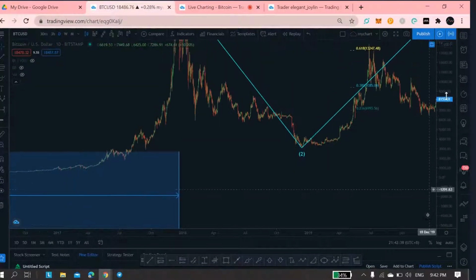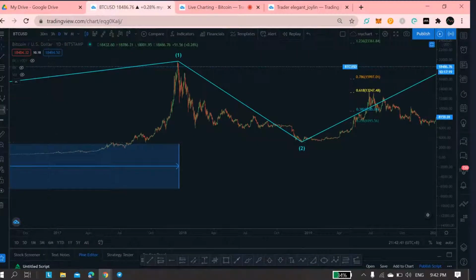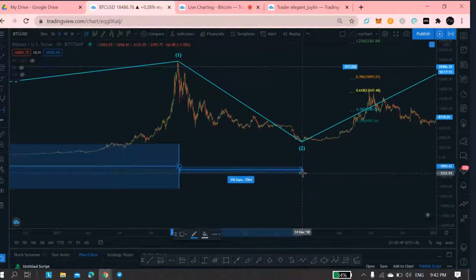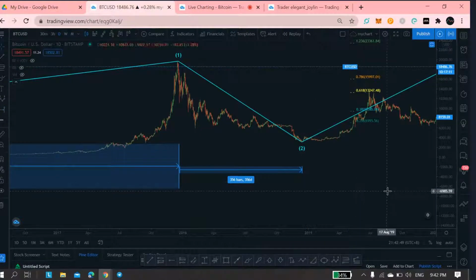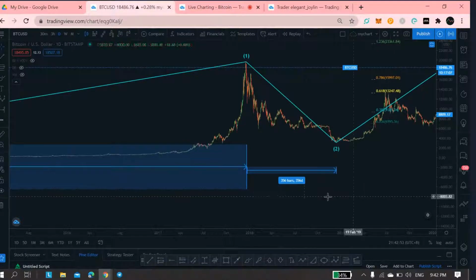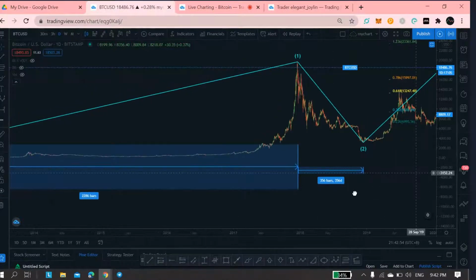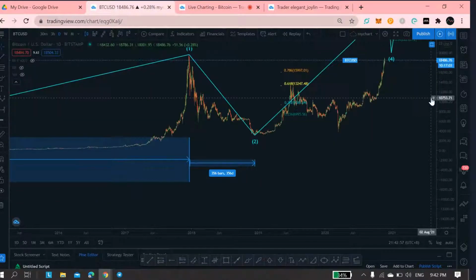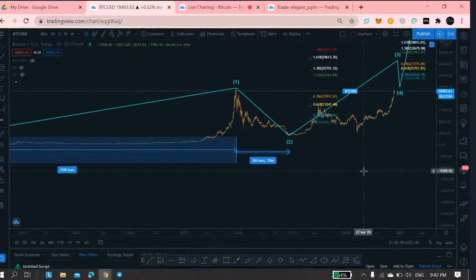Now let's also measure this one. So approximately 356 days, and then the wave 3. So we will estimate the wave 3.